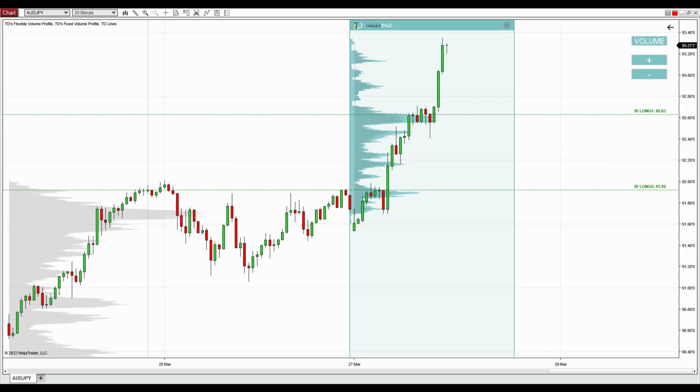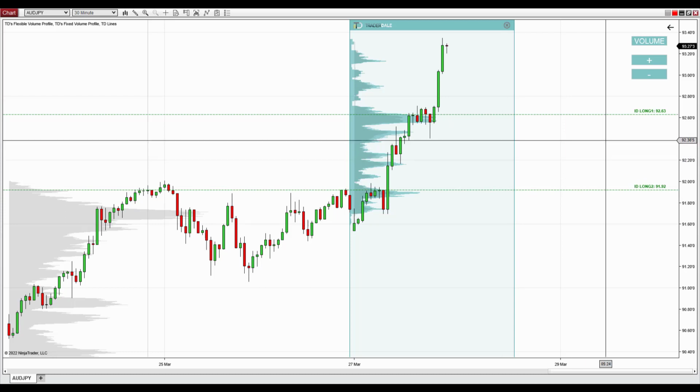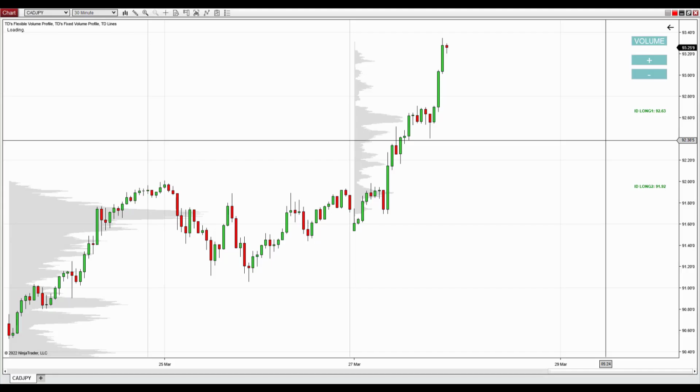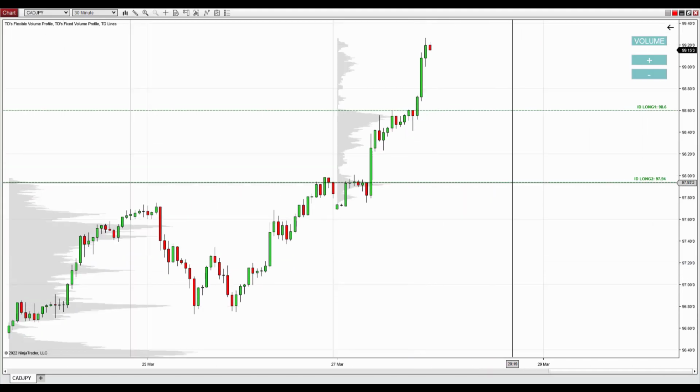Alright, so that's for the Australian dollar Japanese yen. There are two strong day trading supports here. Now let's move forward and have a look at the Canadian dollar Japanese yen. In here there is a very similar scenario, because the strong buying activity was clearly driven by the Japanese yen.